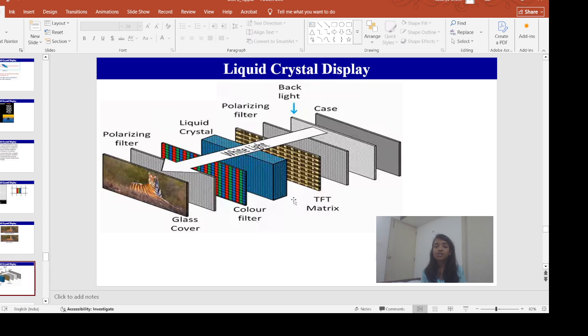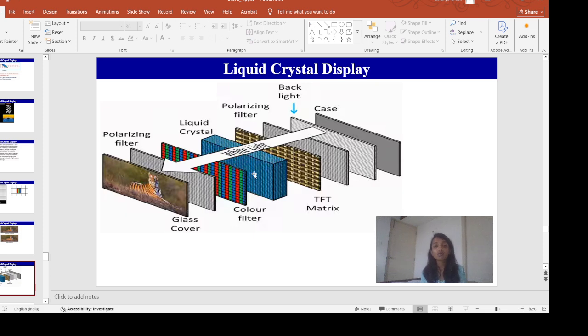For that we have this TFT matrix or thin film transistor matrix. It will provide the required electric field or magnetic field to manipulate the orientation of the liquid crystal molecules in this thin film, and as a result we can control the intensity of the light coming out from the liquid crystal display.